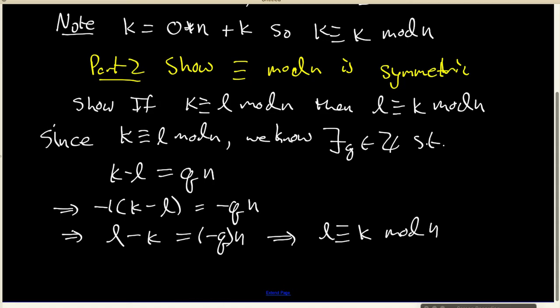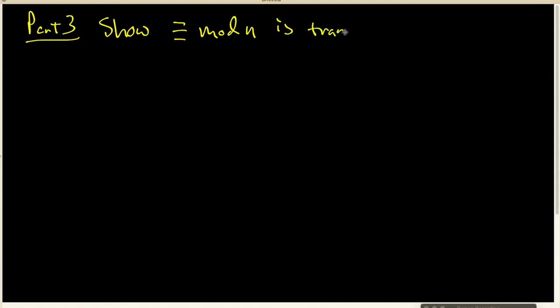The final thing that we need to do is we need to show transitivity. So let's move to the next panel and say that part 3 of our proof is that we have to show that the congruency relation is transitive. And to do this, we need to first think about what that means.